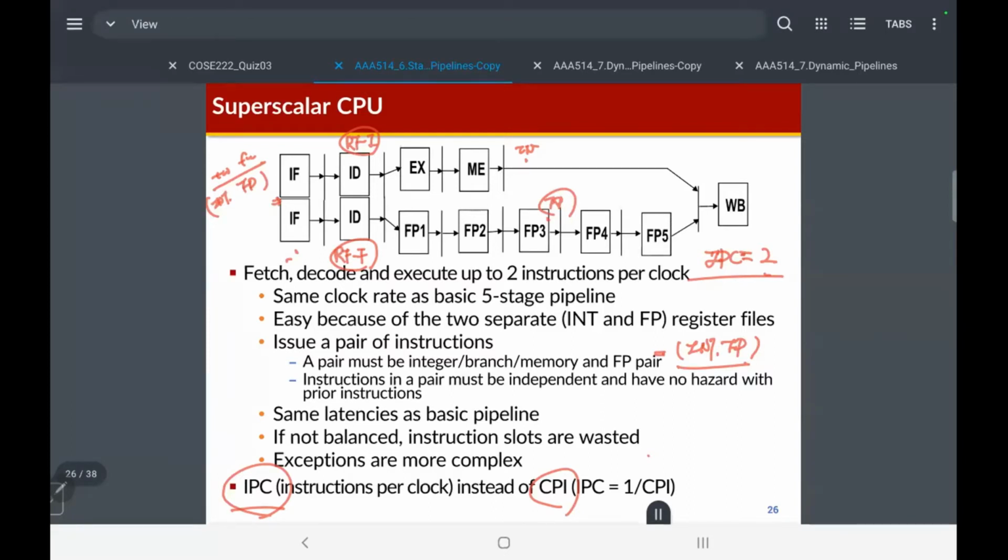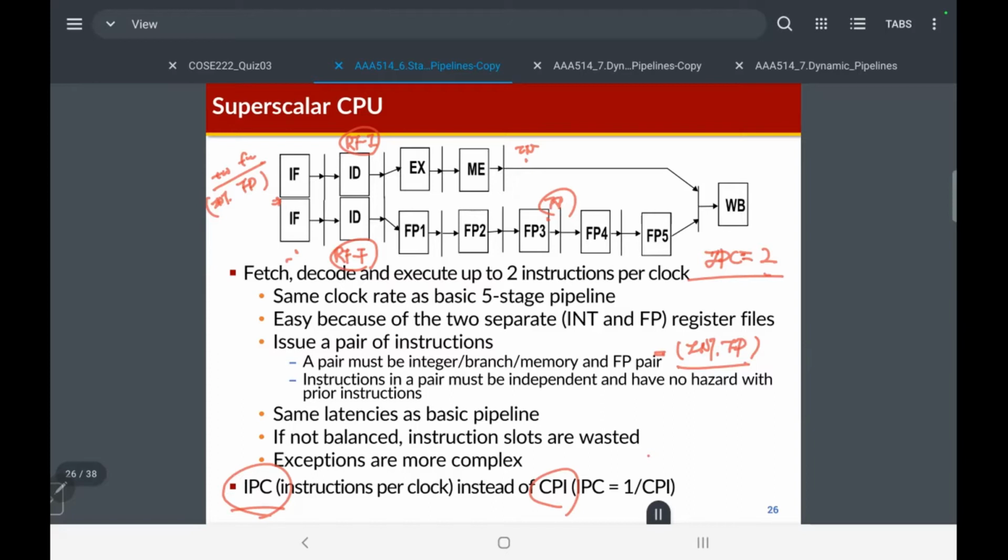But there is another issue. In order to use this superscalar CPU efficiently, the integer and floating point instruction pair should be found in every cycle of the code.